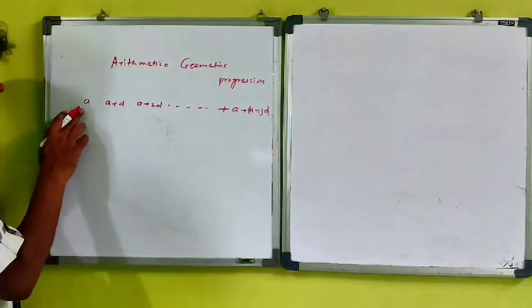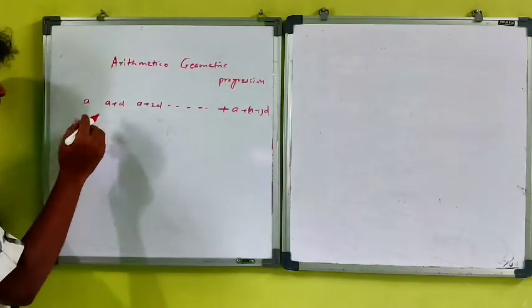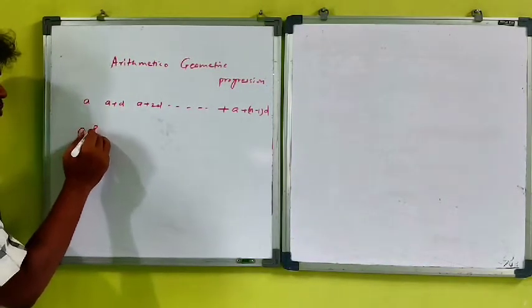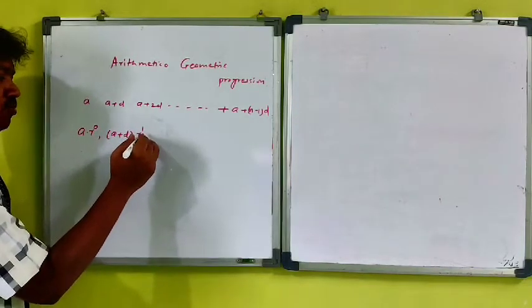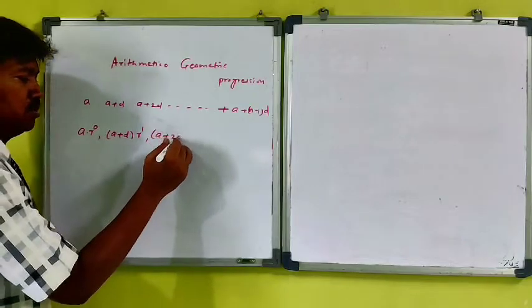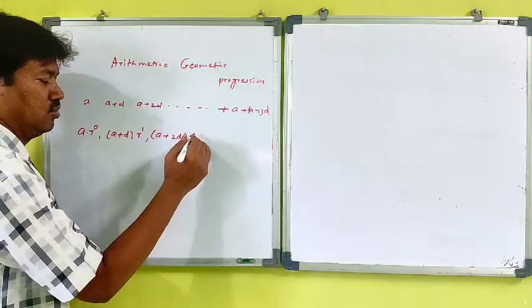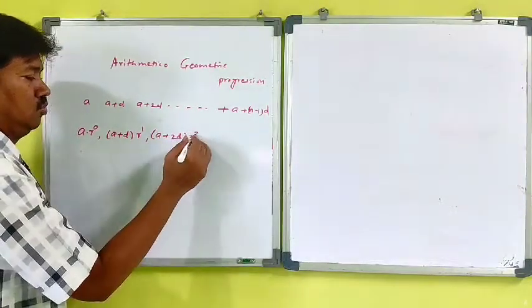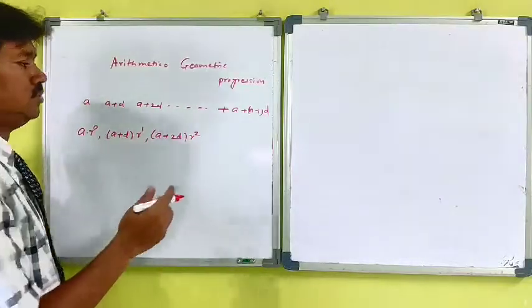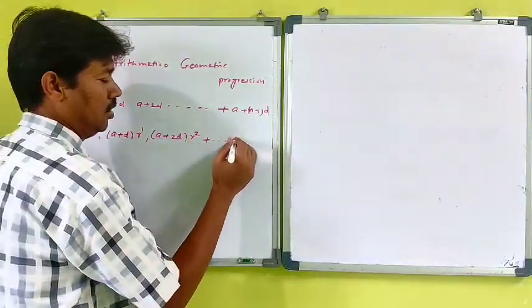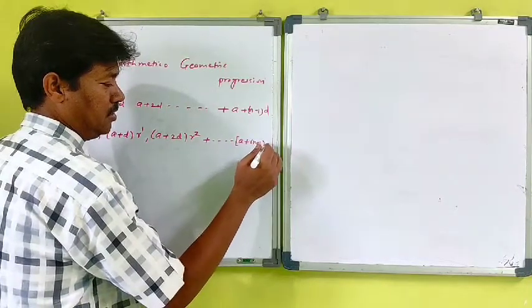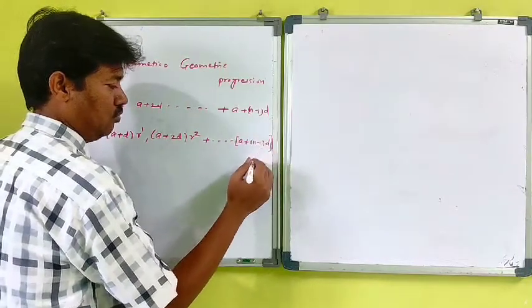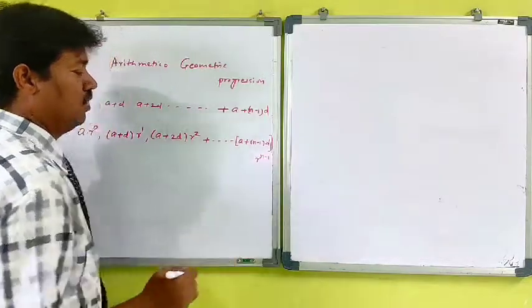If you multiply this with R raised to 0, that is A into R raised to 0, then (A plus D) into R raised to 1, (A plus 2D) into R raised to 2, and so the last will be (A plus (N minus 1)D) into R raised to N minus 1.